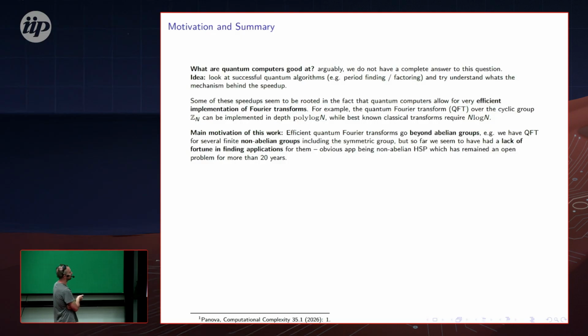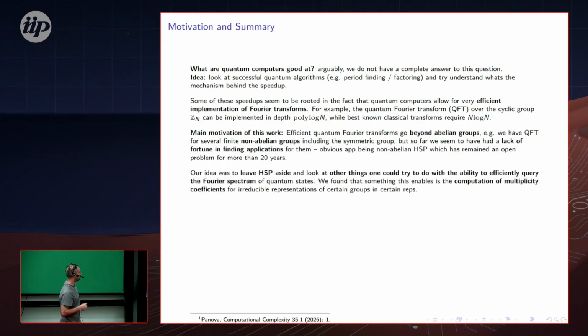Yet we haven't found good applications for these transforms. The main way of thinking for applying this has been mostly trying to solve the non-abelian HSP, which is a direct generalization of abelian HSP, the application of abelian QFTs. But it has remained an open problem for more than 20 years, and it's a very hard problem.